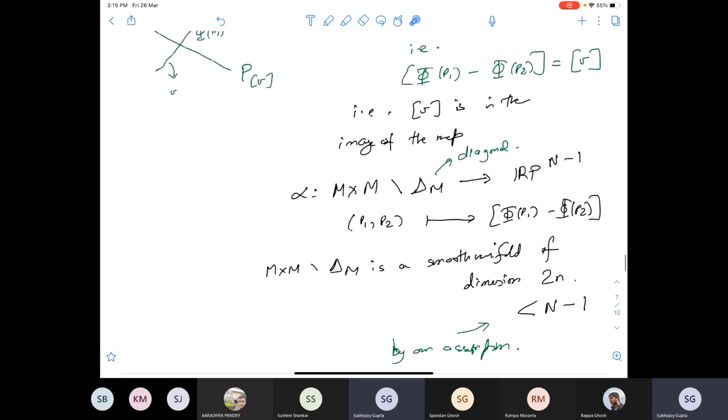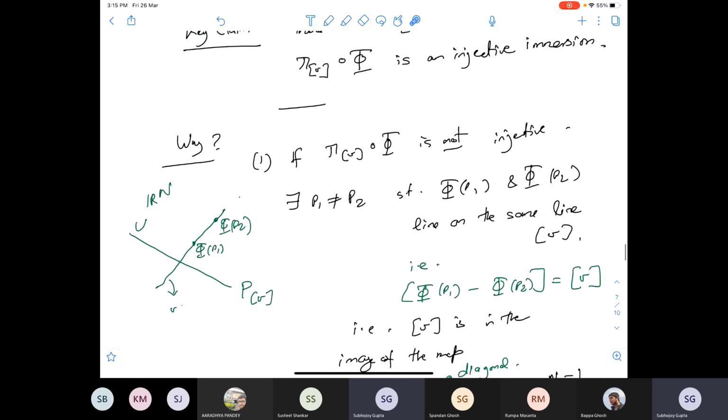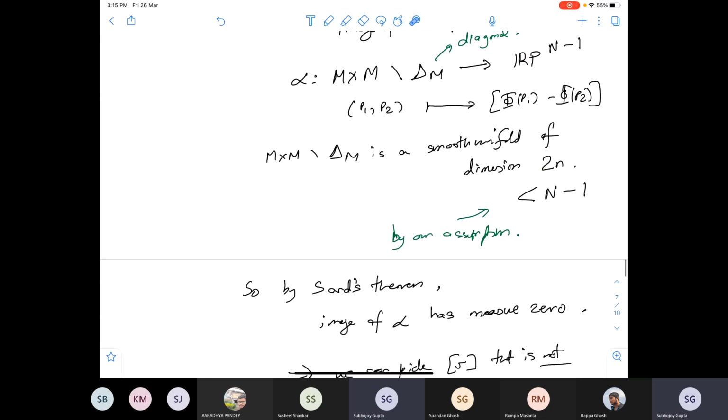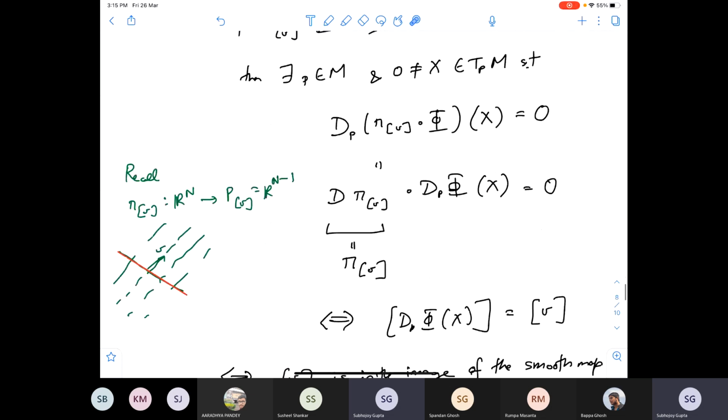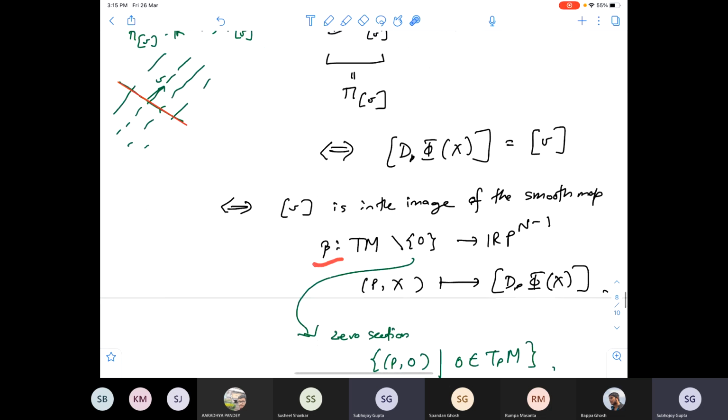How do you ensure both 1 and 2? You have to pick a v that is not in the image of this map, nor in the image of that map. That's easy, because Sard's theorem tells you that all such good v's have full measure, and the intersection of two full measure sets is also full measure.